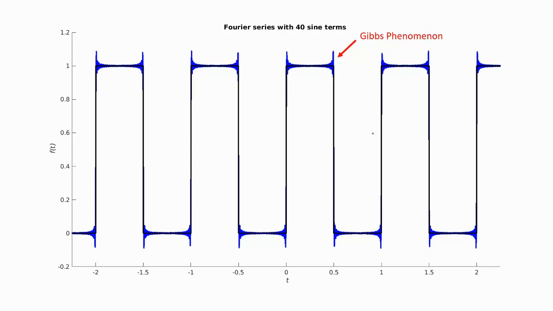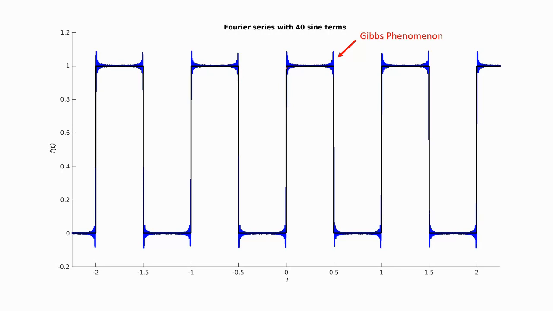And finally, for 40 terms, we have a reasonably good representation of the square wave, except at these sharp edges, the points where the function is discontinuous, where we see this overshoot. The Fourier series in blue color overshoots the value, and there are large oscillations and overshoots beyond the actual value of the function.